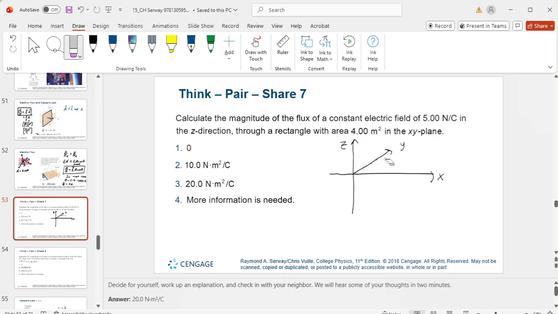If I can draw better. Let's actually do this in blue. So my sheet sitting in the xy plane is going to look like this, and it's going to be 2 meters on a side. And I'm going to have electric field pointing in the z direction, moving through the surface like this.